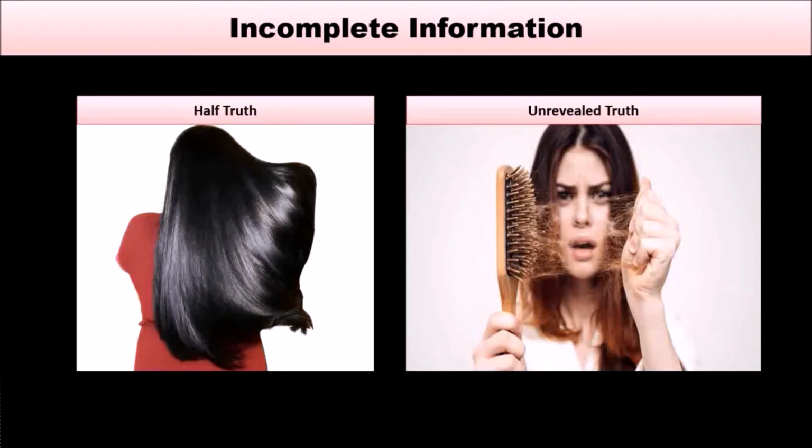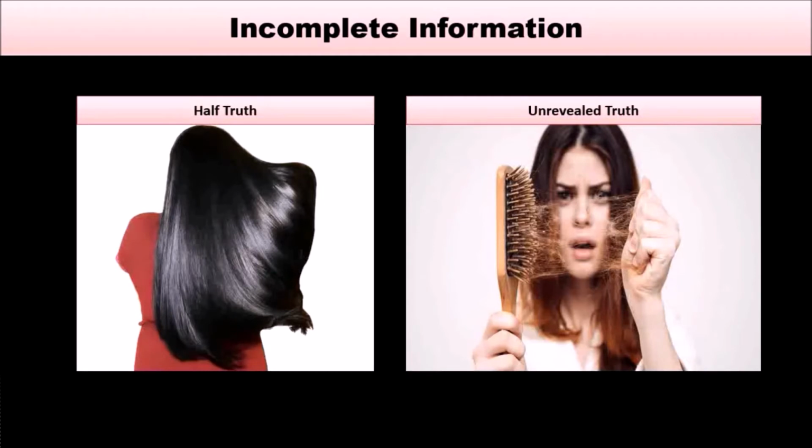There is another important issue related to advertising. The advertising information is always incomplete, except in case of some products like financial products and medicine. For instance, you might have seen the TV commercials of hair care products like shampoos. In those TV commercials or print ads, advertisers claim that their products make hair silky, shiny, and dandruff-free.